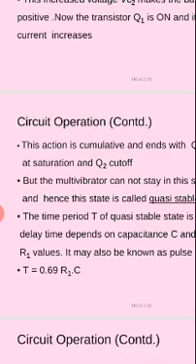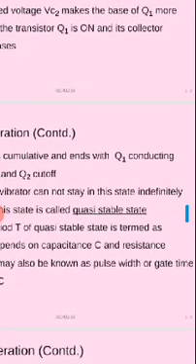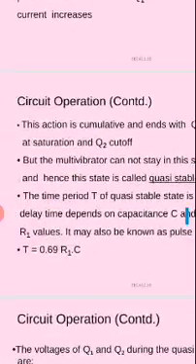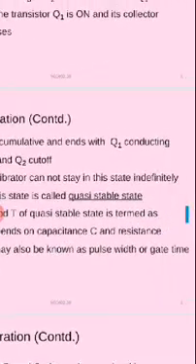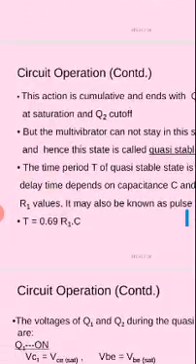The time period T of quasi-stable state is termed as delay time. It depends on capacitance C and resistance R1 values.